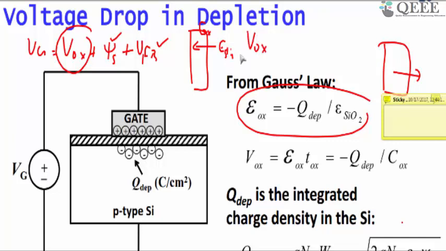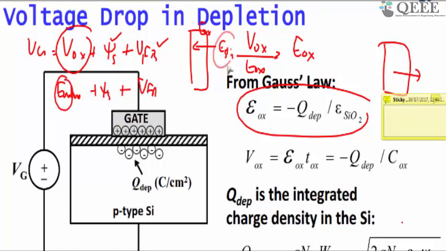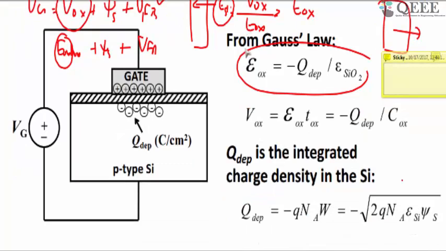Vox is nothing but Eox times Tox. This Eox is related to the semiconductor field through the depletion charge. So if you know the depletion charge, you can find the field.